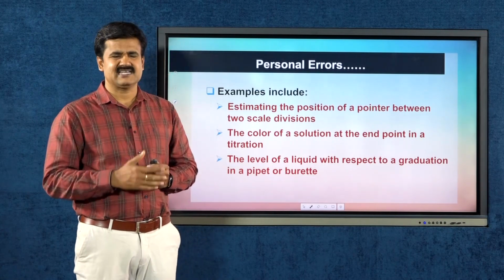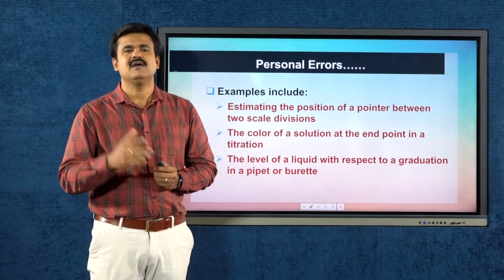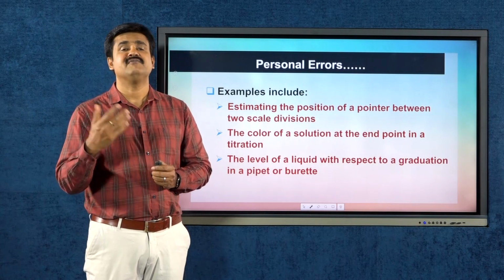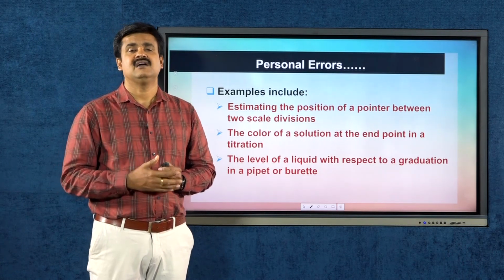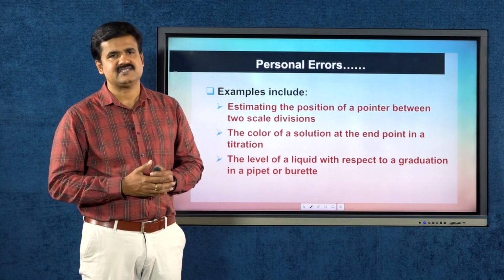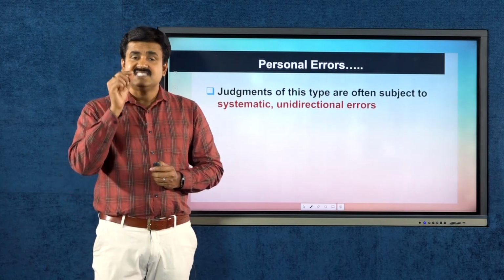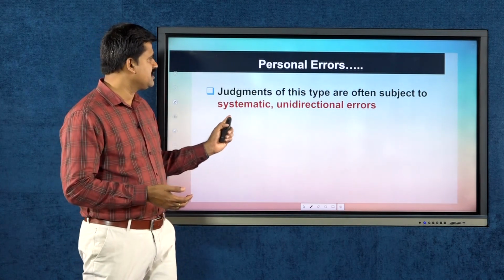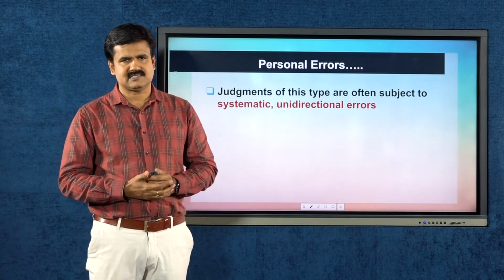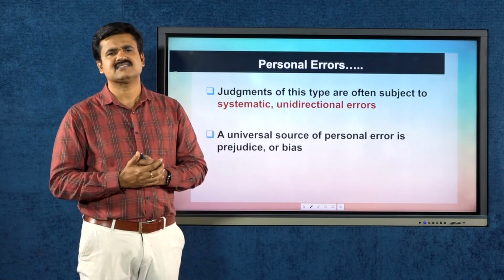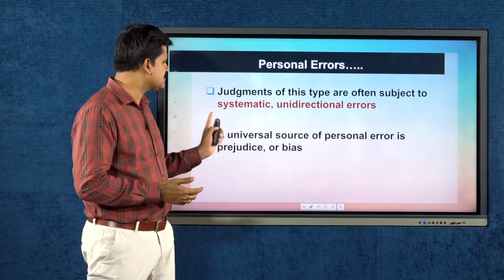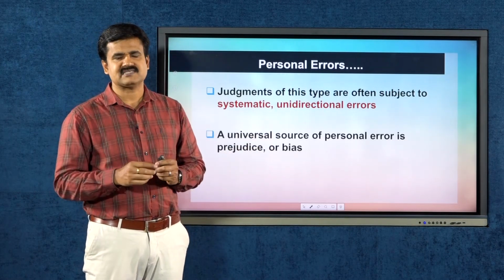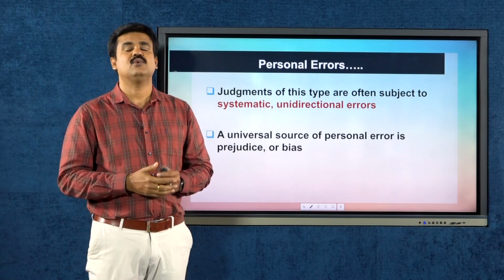So, all these are nice examples of personal error that may happen on the side of the analyst himself whenever he performs quantitative chemical analysis. Now, judgment of this type is often subject to systematic unidirectional errors. A universal source of personal error is prejudice or bias. You have to note this point. Prejudice or bias is the universal source of personal error.